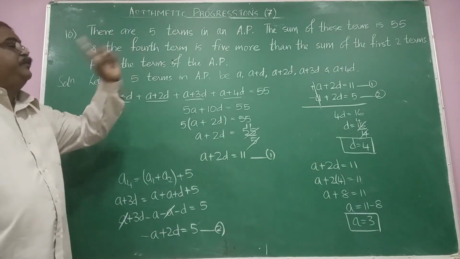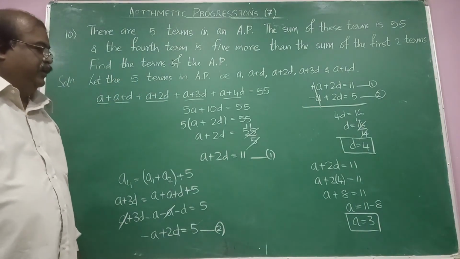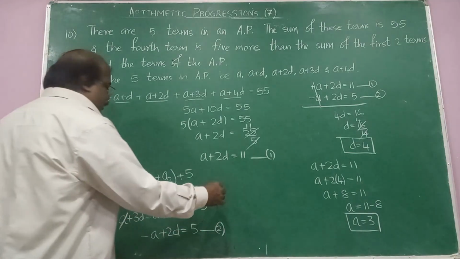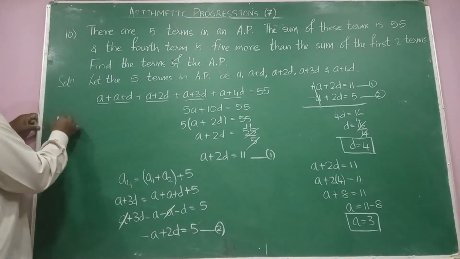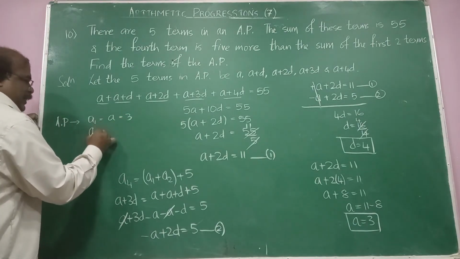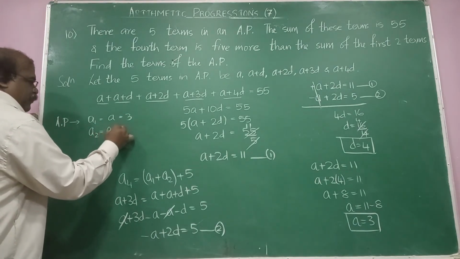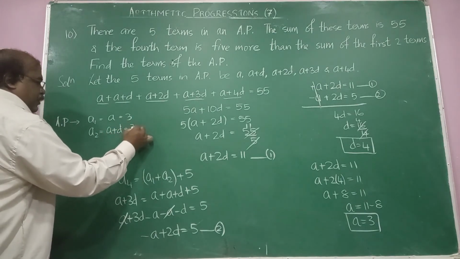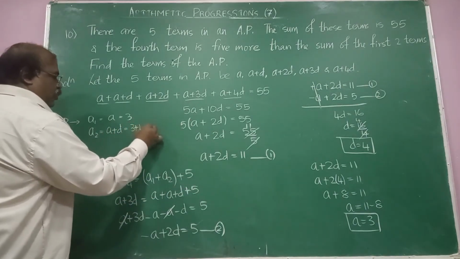Find the terms of the arithmetic progression. So the terms of the arithmetic progression: first term A is 3, second term is A plus D. What is A plus D? 3 plus 4, 7.